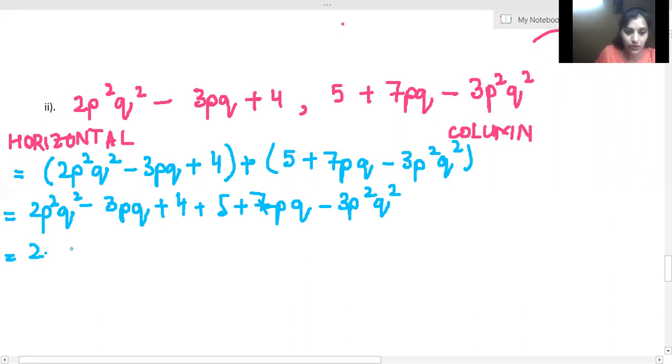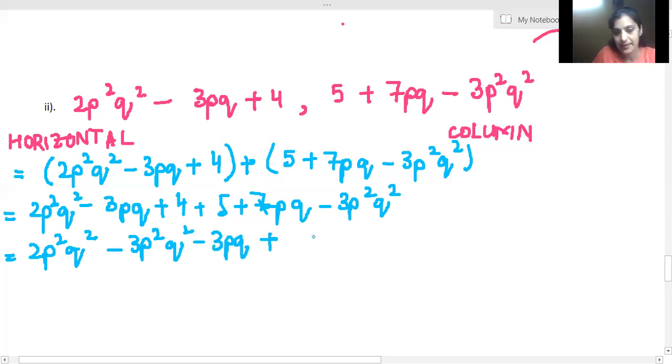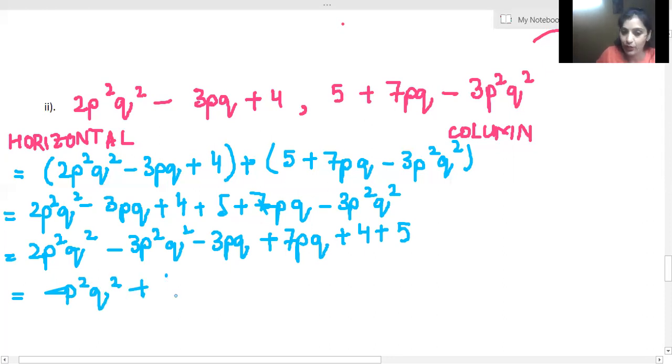So it's 2p square q square, minus 3p square q square, minus 3pq plus 7pq, and plus 4 and plus 5. So my answer is going to come out now. It is minus p square q square, right, plus 4pq, plus 9.